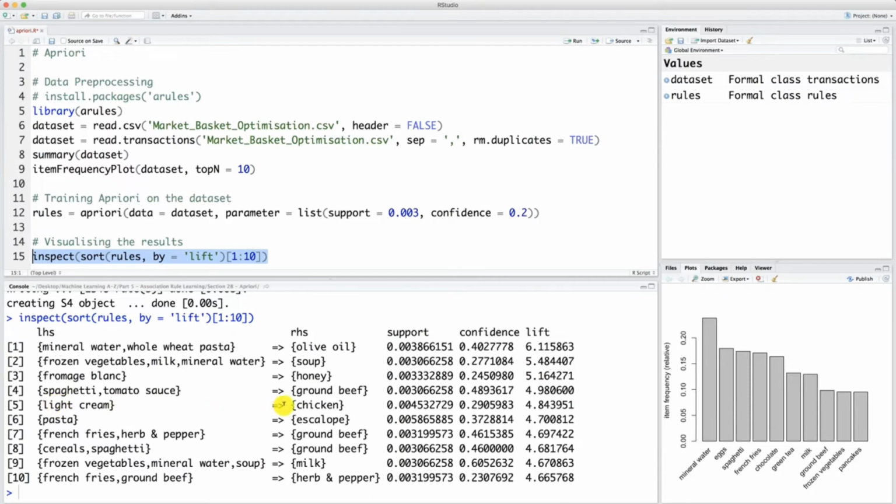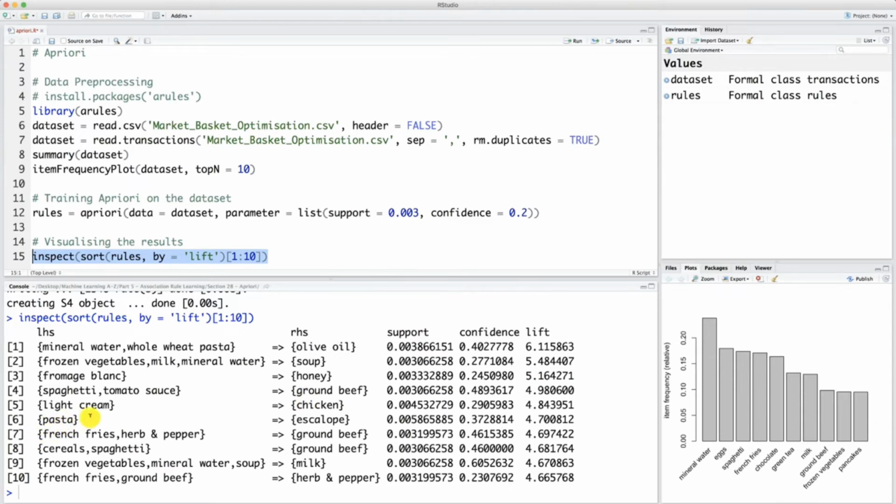If we try to explain this rule, it's probably because people who buy light cream want to pay attention to what they eat. And since chicken is a lighter and maybe healthier meat than red meat, like ground beef, if they buy light cream and want to associate it with some meat, they would rather choose chicken. That's if we try to explain the rules with some good sense.